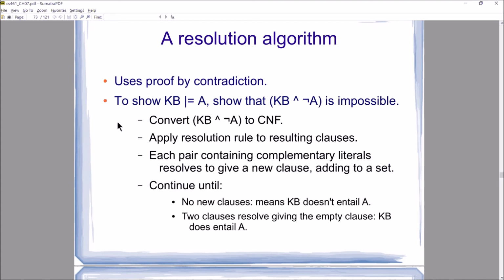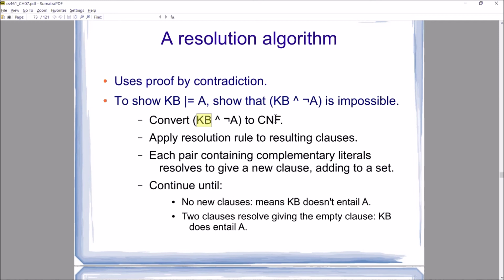First thing you have to do is convert your knowledge base and the not A, the opposite of what you're trying to see is entailed, to conjunctive normal form. Now there's something to remember: so far we've been showing the knowledge base as a series of sentences. But you can tie all of those sentences together with a giant series of ands.